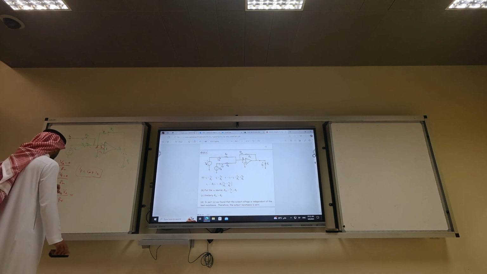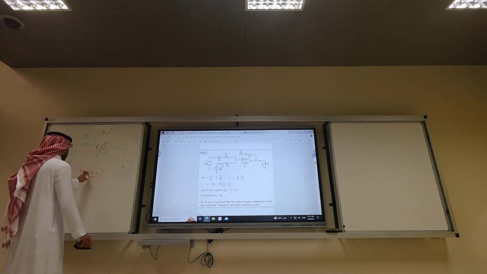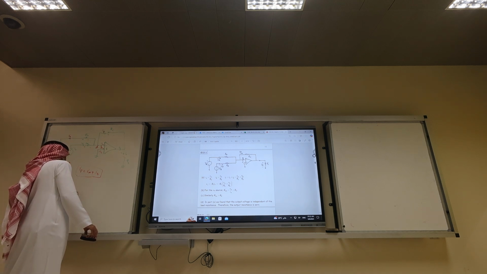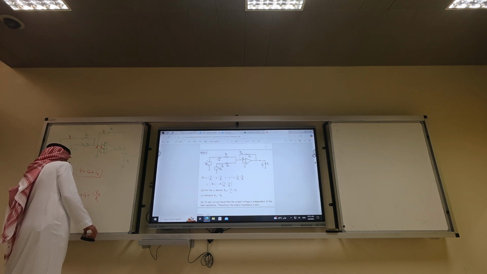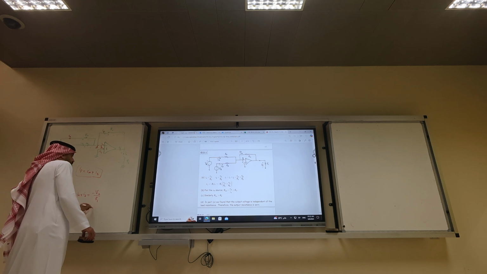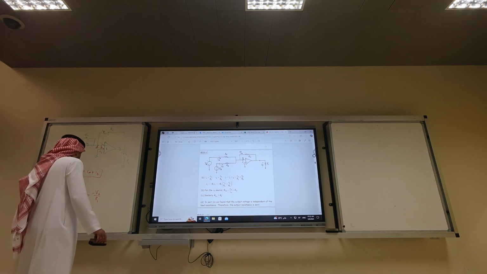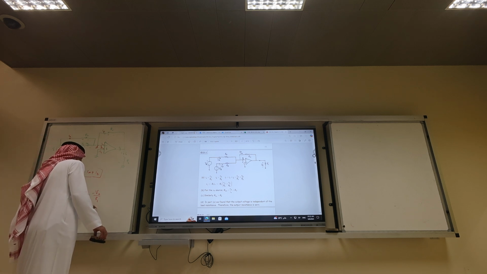Which implies IA plus IB equals minus V output over RF. What is IA? It's VA over RA. What is IB? VB over RB. Equals minus V output over RF.